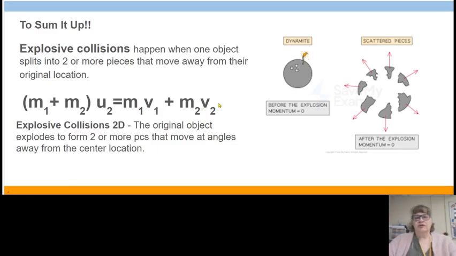And then if there's more than 2, plus the momentum of the third, plus the momentum of the fourth, etc., right? Explosive collisions in 2D, the original object explodes to form 2 or more pieces that move at angles away from the center location.